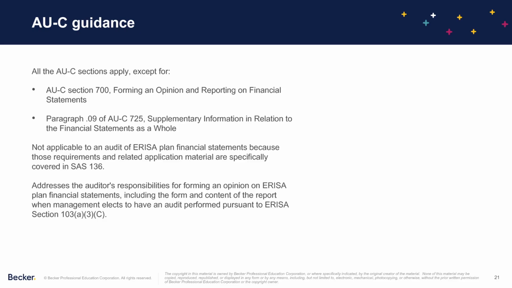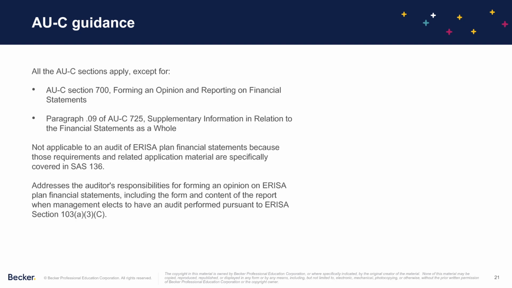So like the form of the report, we're going to follow the form of the report that's specific to ERISA that's in SAS 136. And so that's why we're not going to use SAS 134, which covers AUC Section 700. Now, parts of SAS 134, the other AUC sections like CAM, AUC Section 701, are still applicable.